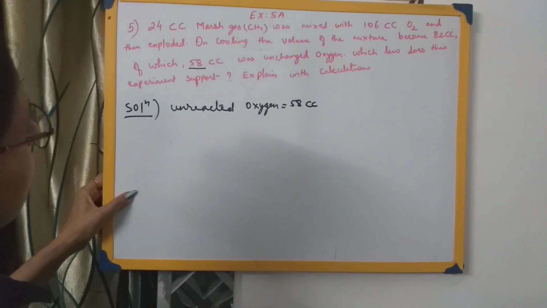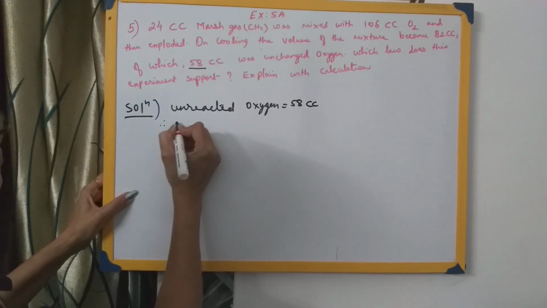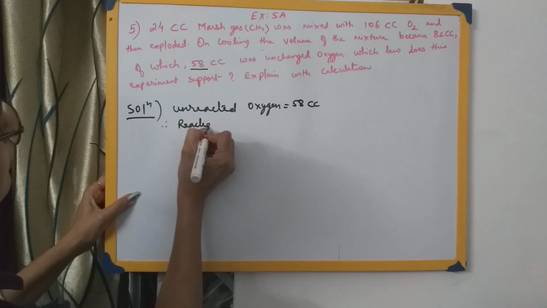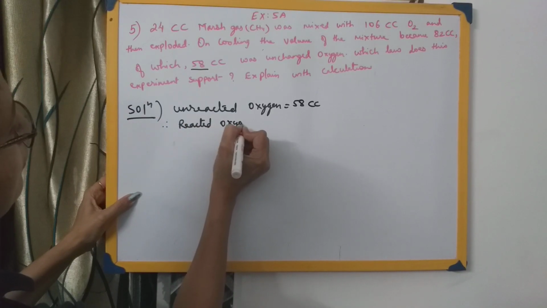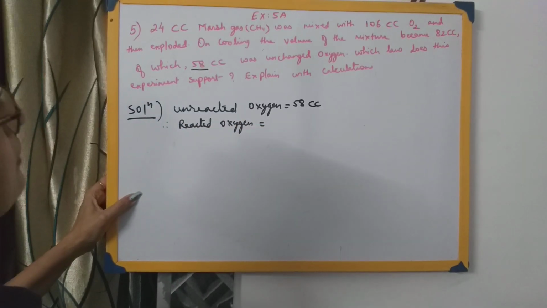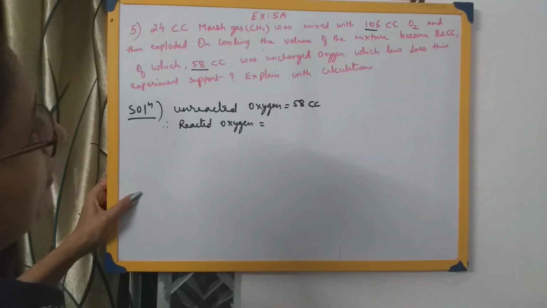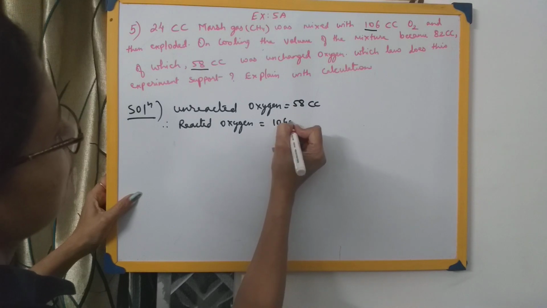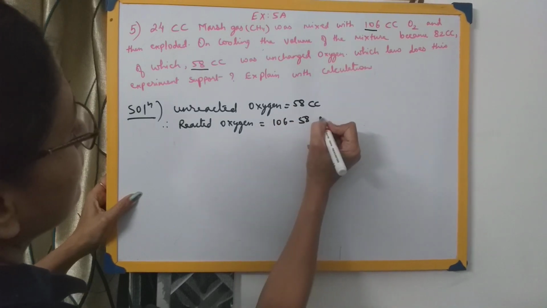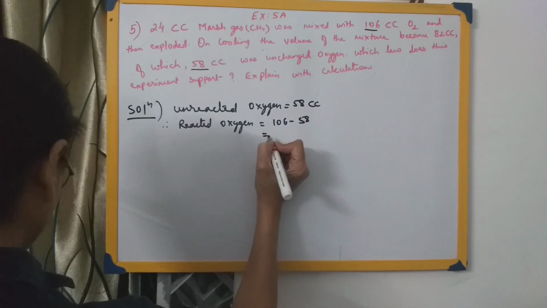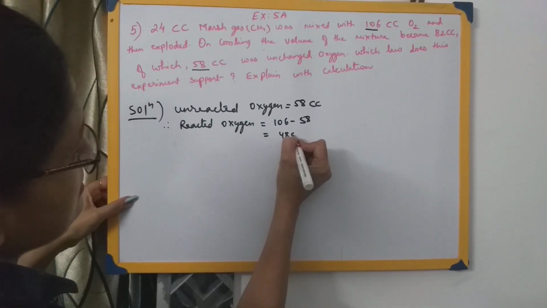So this is the unreacted oxygen. Therefore reacted oxygen: the total volume has been given as 106. So what we will be doing is 106 minus 58, so that will be 48 cc.